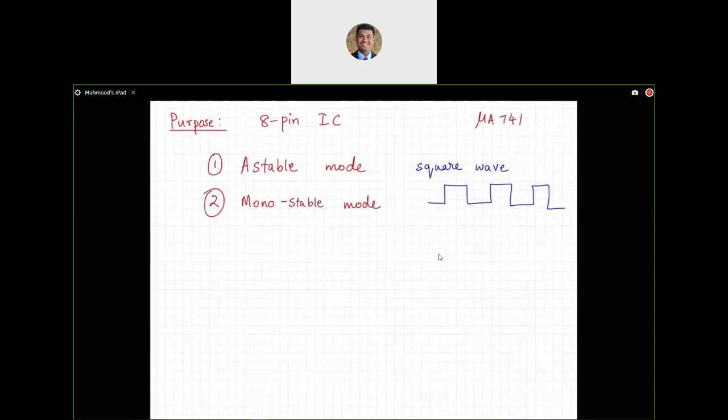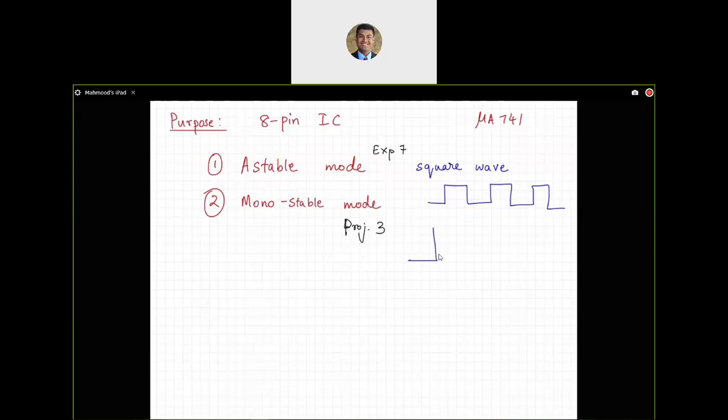We are going to explore, as I said, astable mode in experiment 7, and we'll talk about the monostable mode in project 3. With the monostable mode, you do not generate a square wave that goes on forever.